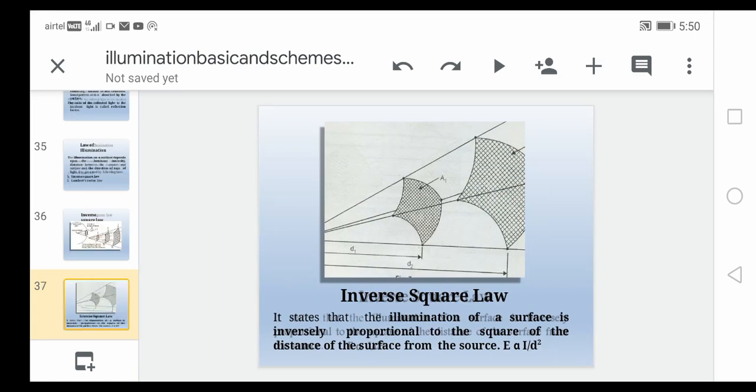It states that the illumination of a surface is inversely proportional to the square of the distance of the surface from the source, that is E is directly proportional to I by d square, where E is illumination, I is luminous intensity and d is the distance between the source and the surface.